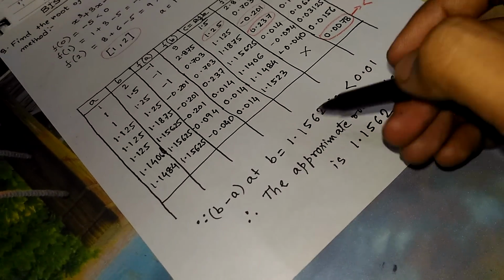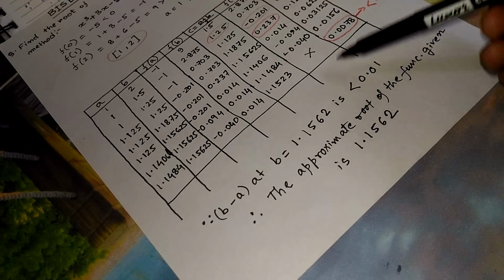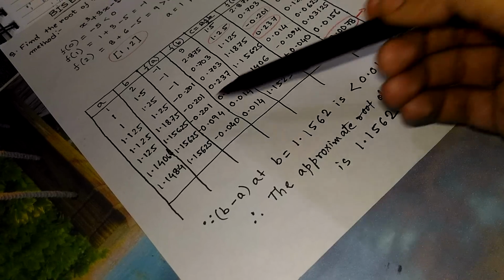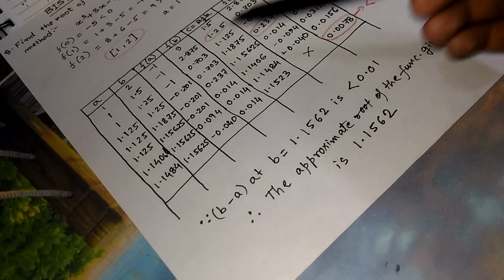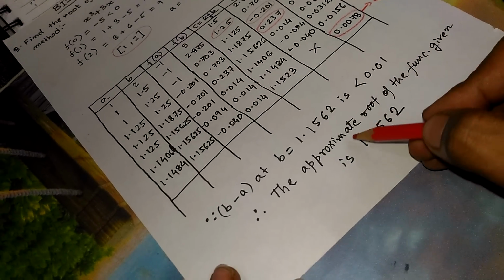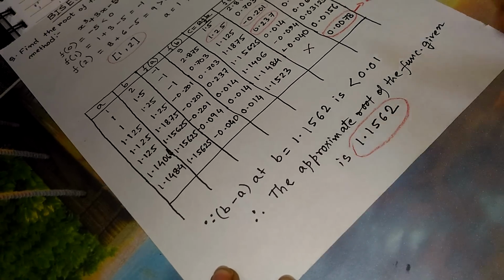Since at b equals 1.1562, the value of b minus a is 0.0078, and the value of a we have changed from the previous iteration, therefore the approximate value of the root is 1.1562.